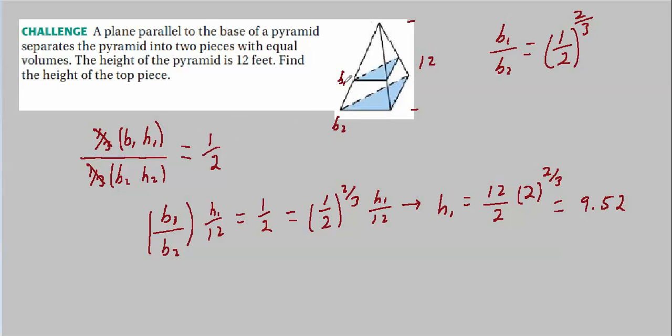Then make use of the fact that we have b1 over b2, and even though we don't know either of these, we do know their ratio. So we can just pull out the b1 over b2 and rewrite it as 1/2 to the 2/3, as what we have over here. Once we do that, everything drops out and we get 9.52.